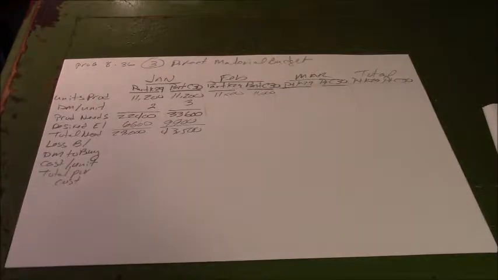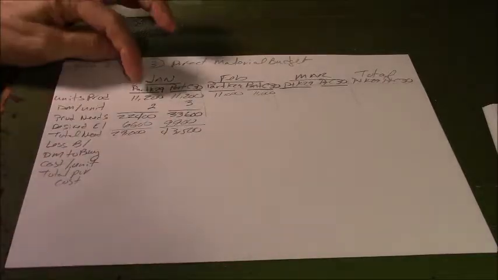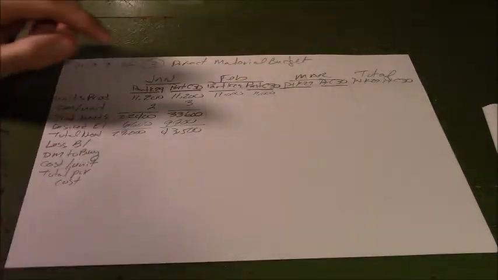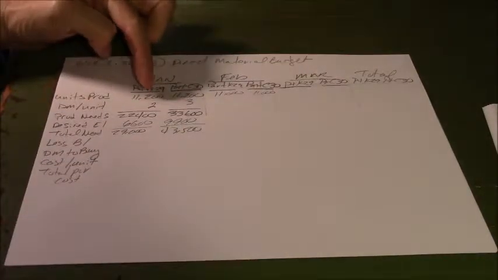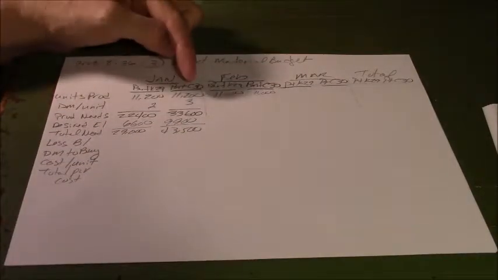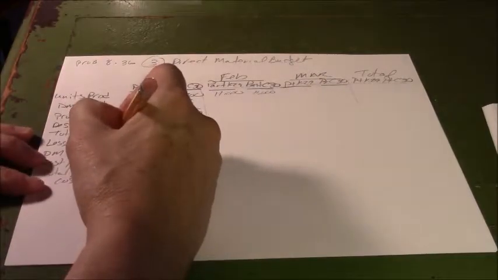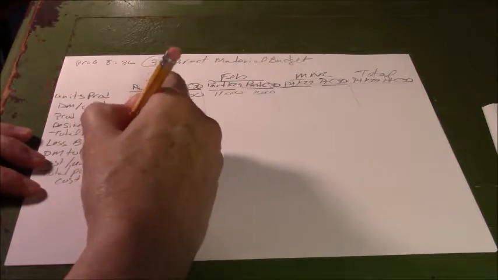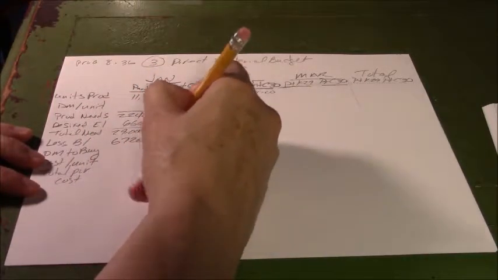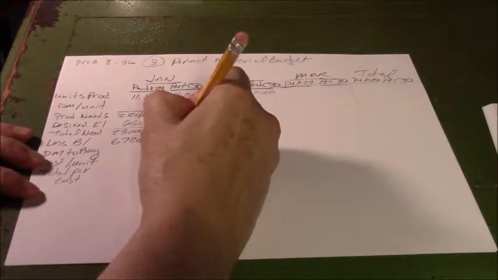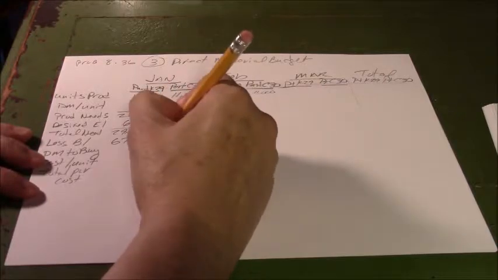Now we have some beginning inventory, and they told us what it was. It's 30% of, so we had exactly the number. So 30% of 11,200 times 2, and 30% of 11,200 times 3. So our beginning inventory is 6,720 for this part, and 10,080.